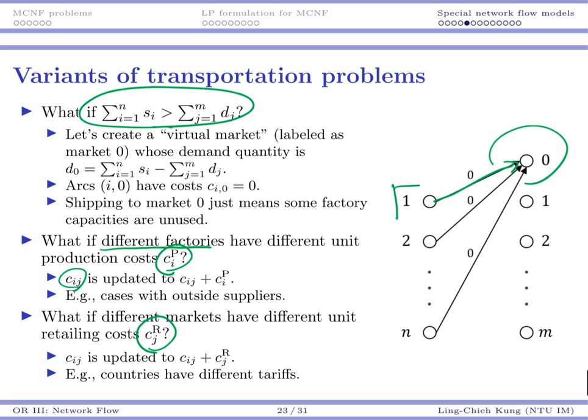For example, if factory i has its capacity cost, then all you need to do is carry that cost and put it on all the outgoing links from factory i. Then you're done. So this is nothing but some variants of transportation problems, and that allows us to formulate the transportation problems into an MCNF problem.